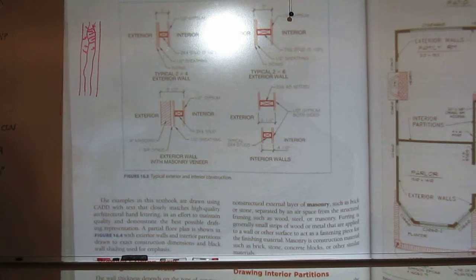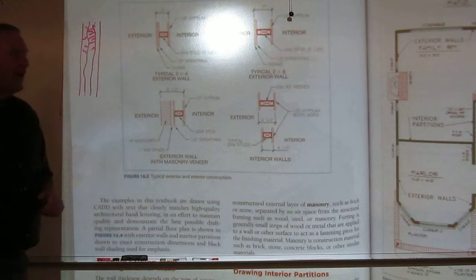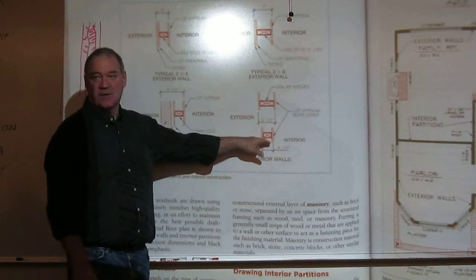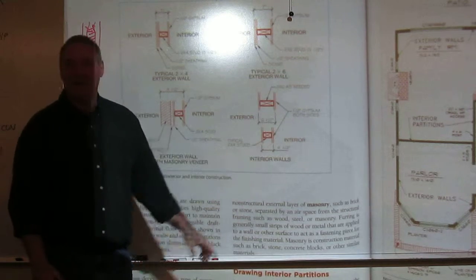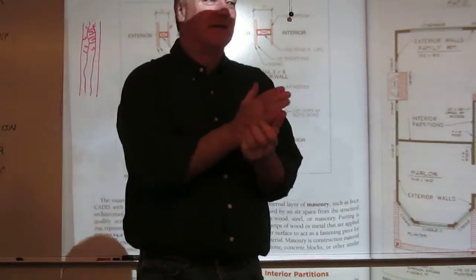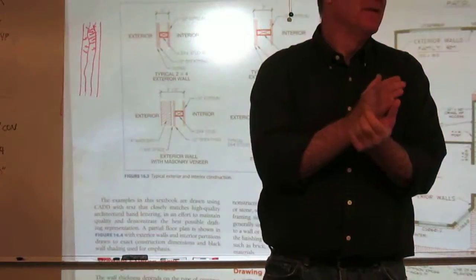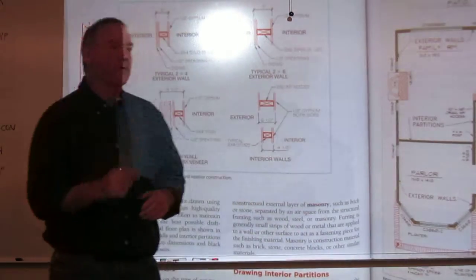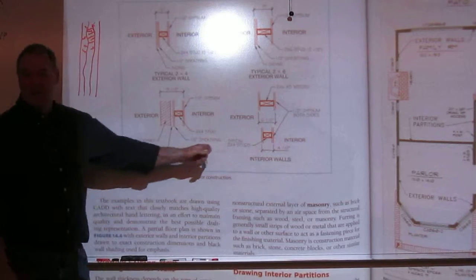Hence, I said draw your interior walls at 4.5 inches. If you're ever working off a hand-drawn set, you're going to see the interior walls drawn at 4 inches, strictly because they measure off a scale and they're not going to go to a 1/2 inch. They're just going to draw it at 4. It's for convenience. In the computer, we draw them exact.